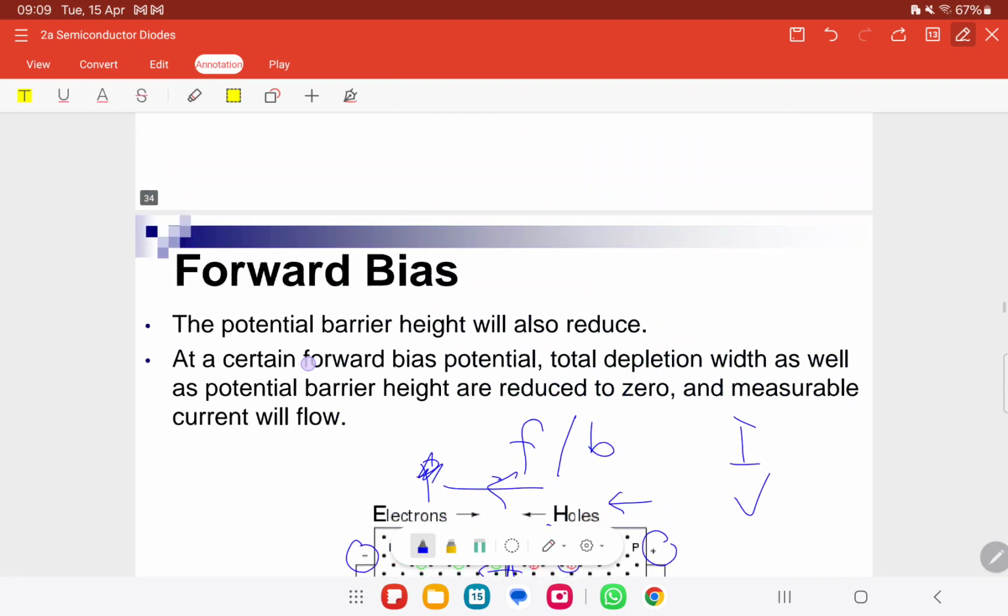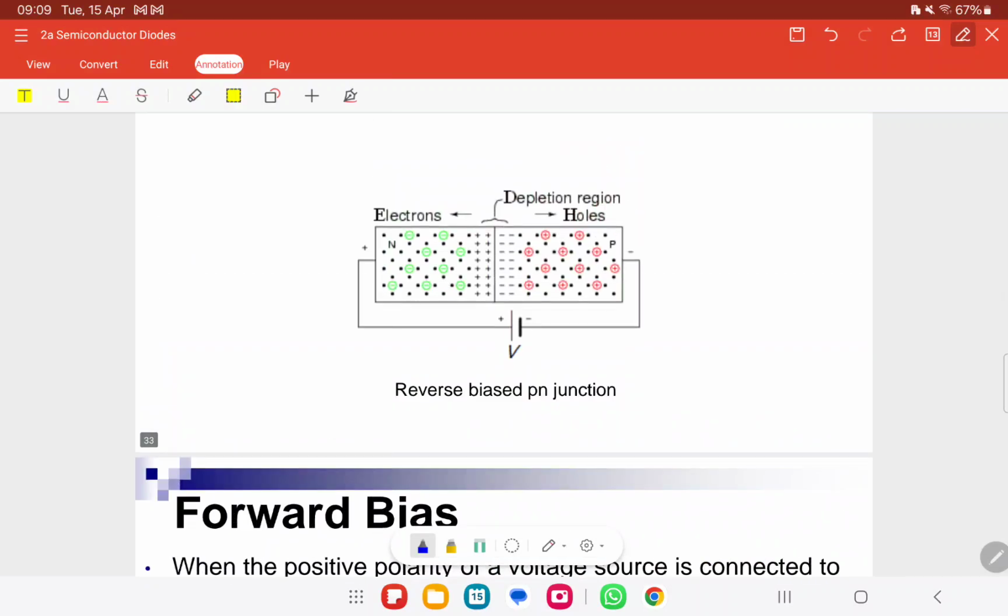Now we want to change the polarity to the other condition. The polarity here becomes positive, so positive will be here, and the negative of the battery goes to the negative here. Then all the electrons in the N side see a big positive on the other side and go toward it, because on this side, let's say we put 3, the charges are larger compared to the ones inside. So they all move to the edge. Same goes with the positive, the red one.